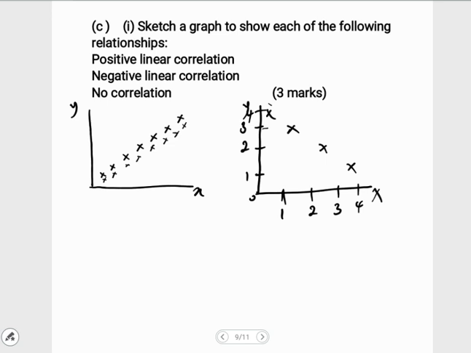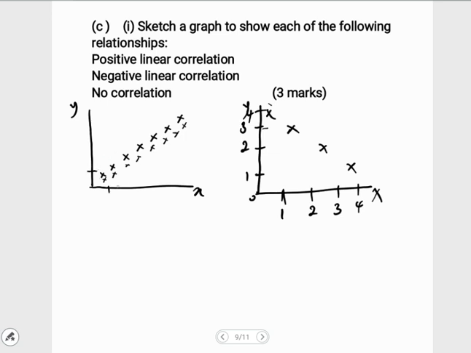So we have the graph sloping from right to left, downwards.